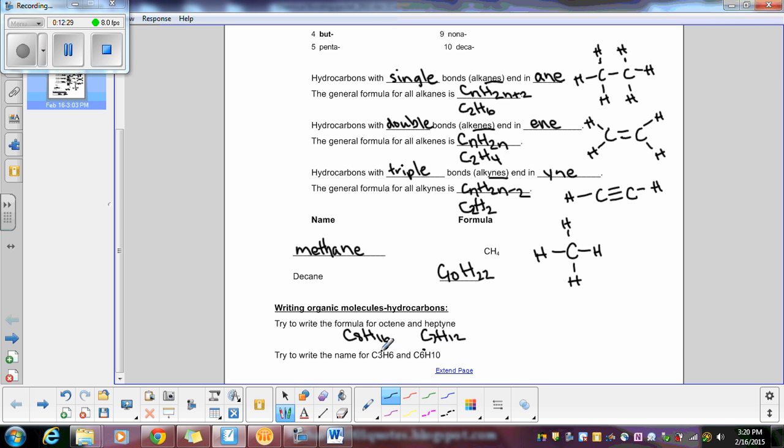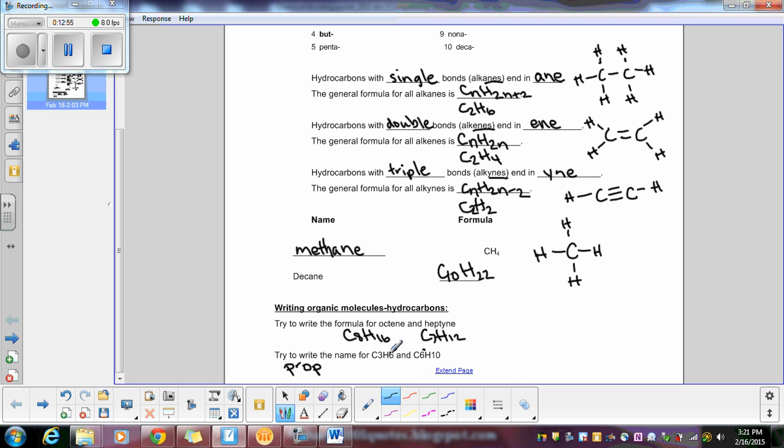So here I know that if I have 3 carbons, my prefix is going to be prop. And I have to figure out if I have a single, a double, or a triple bond. So if I have a single bond, 2 times 3 would be 6, plus 2 would be 8. I do not have 8 hydrogens here, so this is not an alkane.